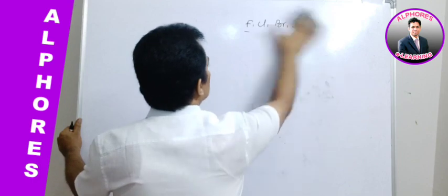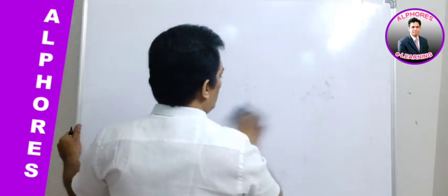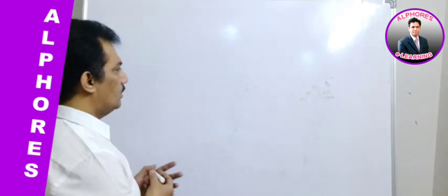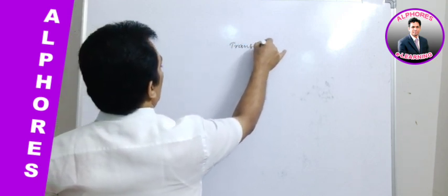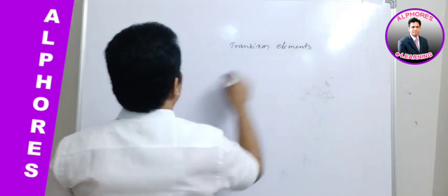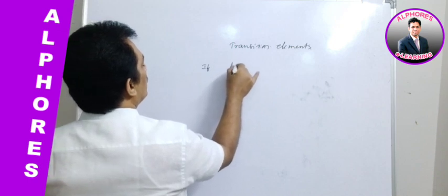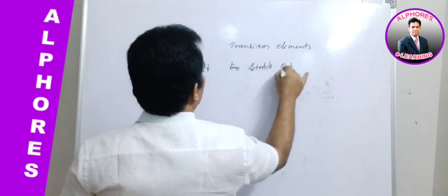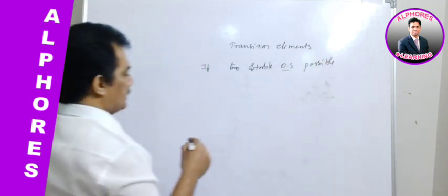Very few. Let us discuss. We need not worry about it because we have a separate chapter, D block elements, in second year. There you will learn much about that. But here, in case of transition elements, if two stable oxidation states are possible, let me give an example.